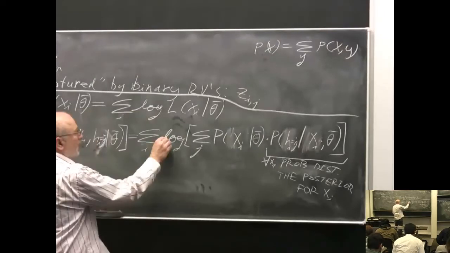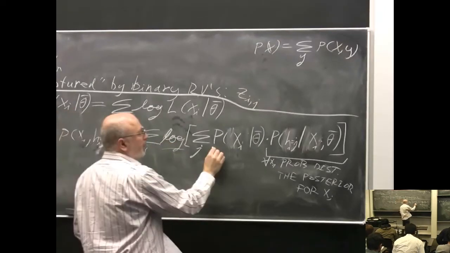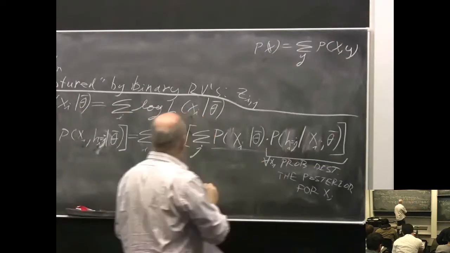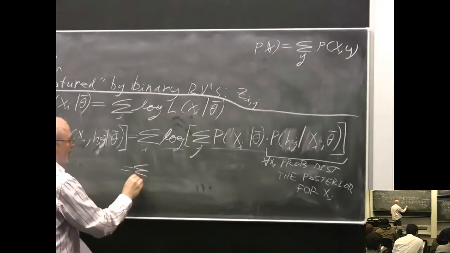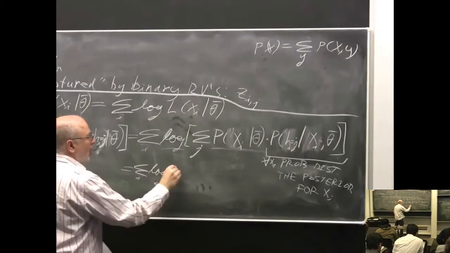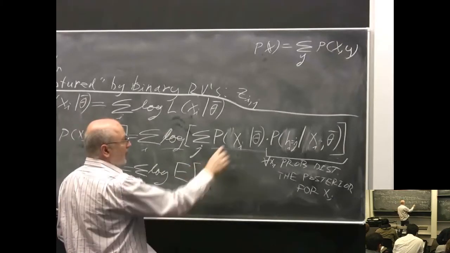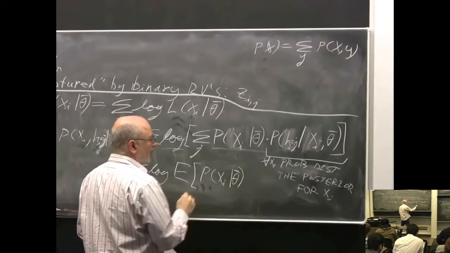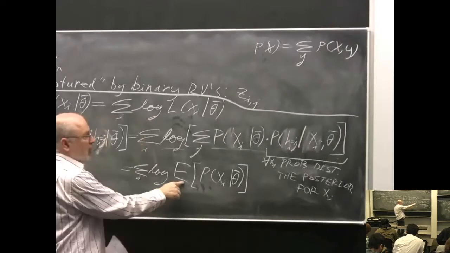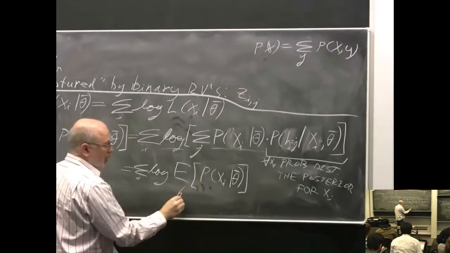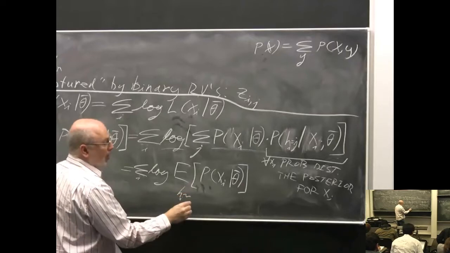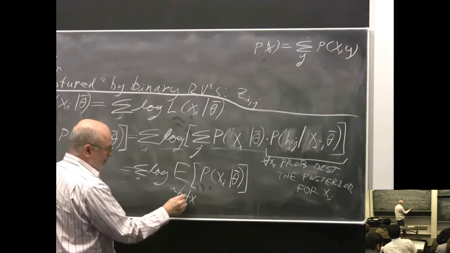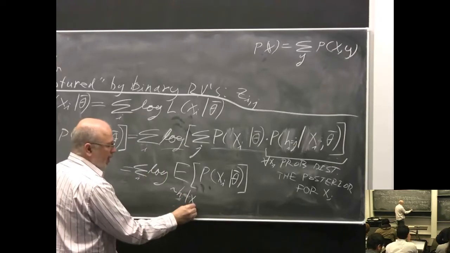I have a log. I have something that I'm summing weighted by some probability distribution. So I can write it as sum over i of log of expectation of this something, P of xi given theta, expectation under this distribution, which is hi distributed conditioned on x being xi and theta.